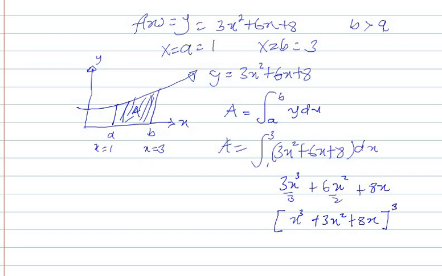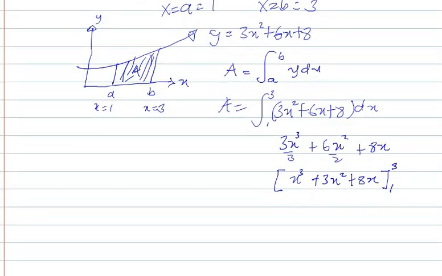At upper limit we have 3, at lower limit we have 1. So all we need to do is just substitute. Any place you see x, you replace it by 3 for the upper limit, minus the same for the lower limit, replacing x with 1.